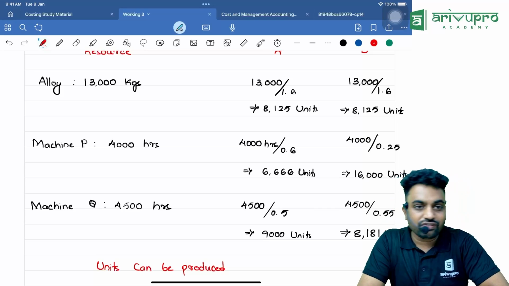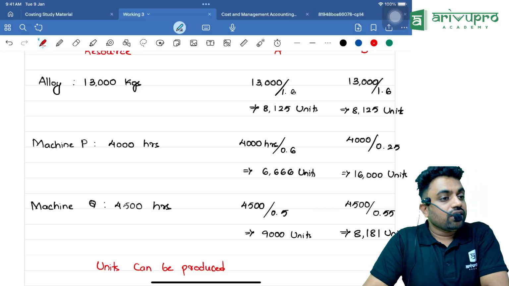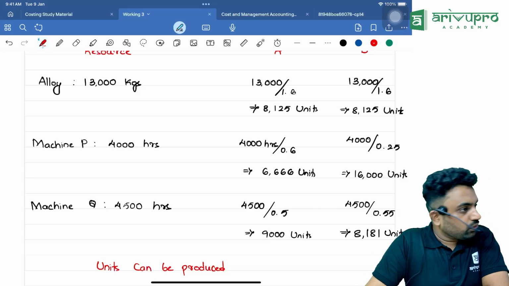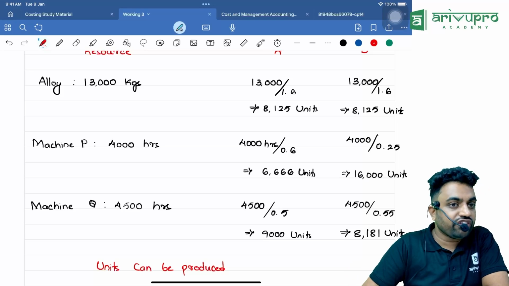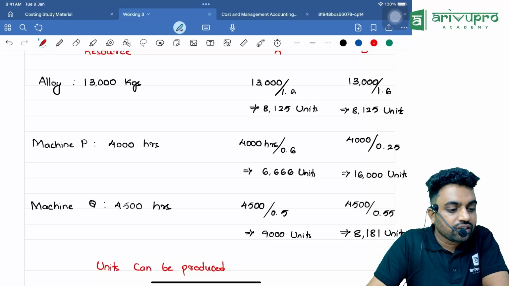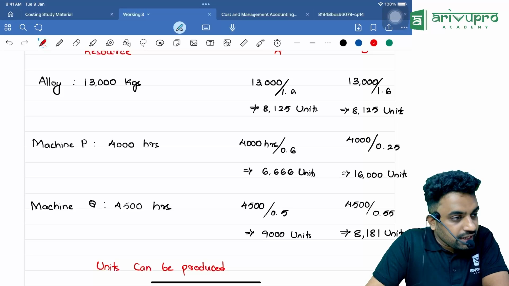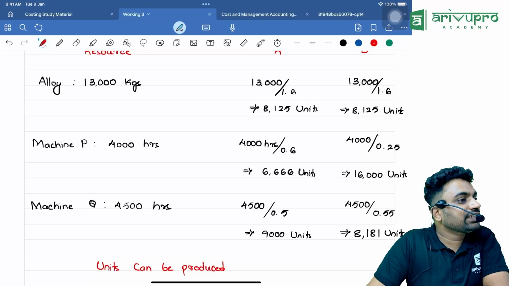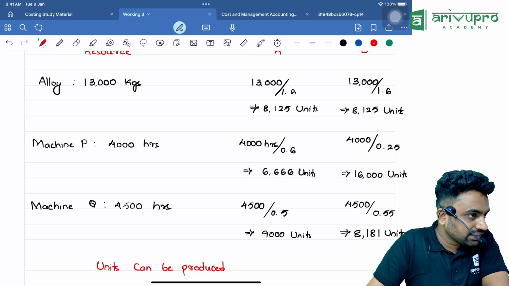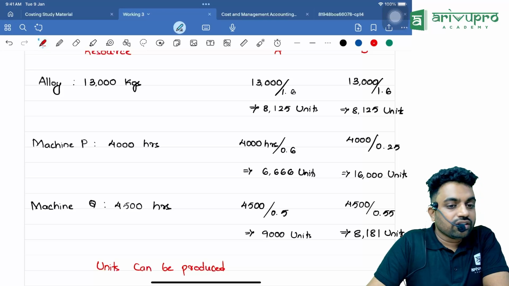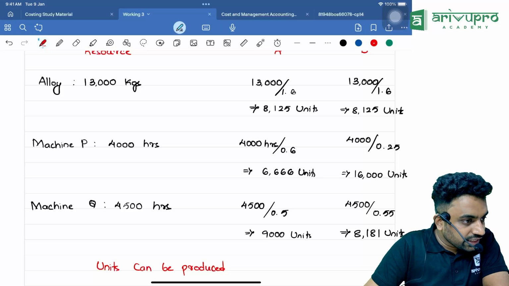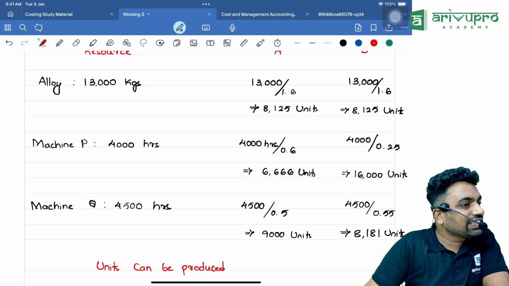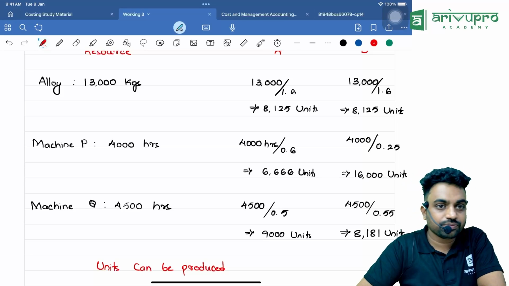Okay, sir. Then we'll do one thing. We'll give the input of 8,125. Machine Q can process 9,000 units, so 8,125 easily it will process. No doubt in that. However, machine P, max to max it can process 6,666 units. Which means all the three factors will help you in processing to the extent of a maximum of 6,666 units.